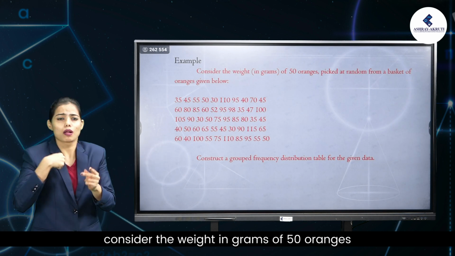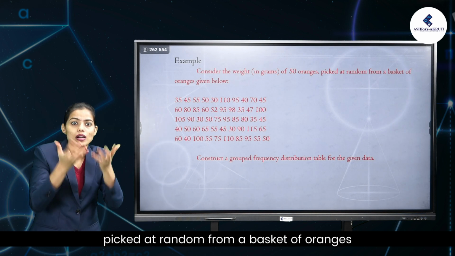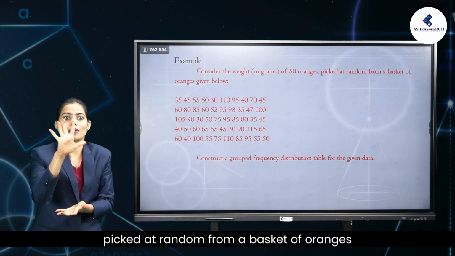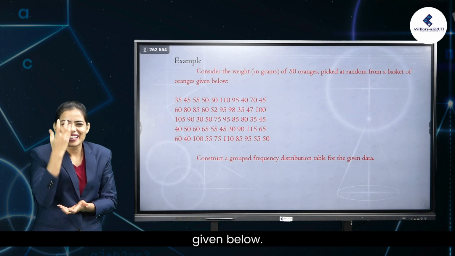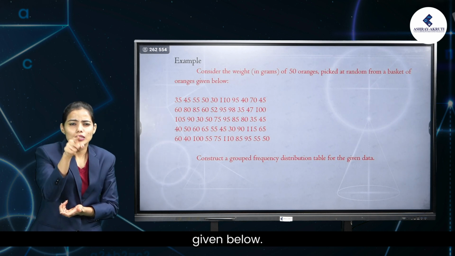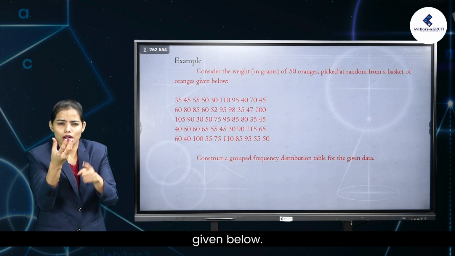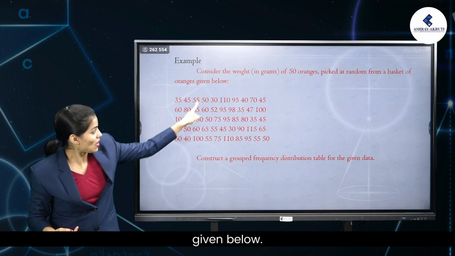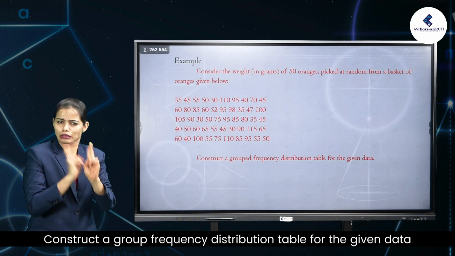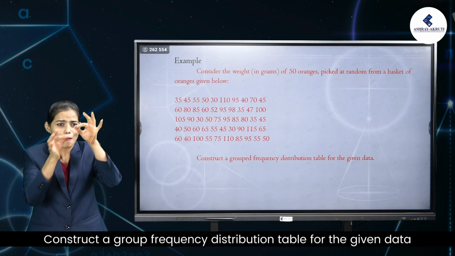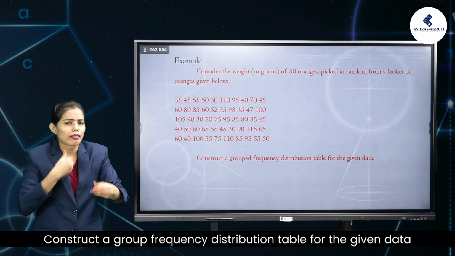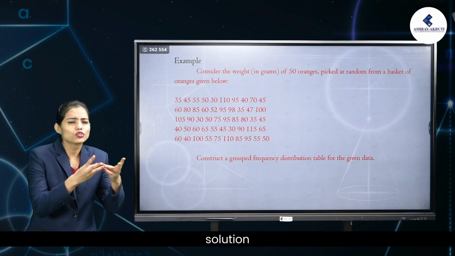Consider the weight in grams of 50 oranges picked at random from a basket of oranges given below. Construct a group frequency distribution table for the given data. Solution.